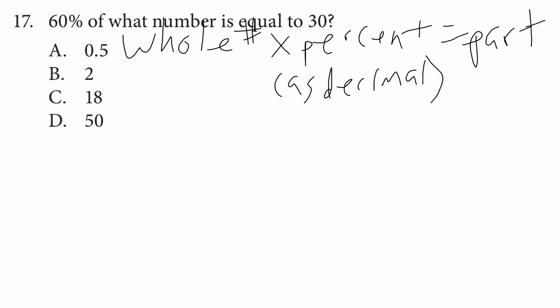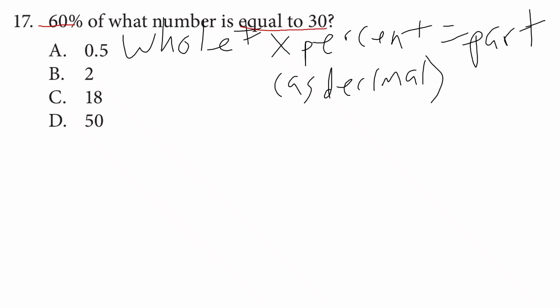So we need to look at the numbers that it gave us. So it says 60% of what number is equal to 30.